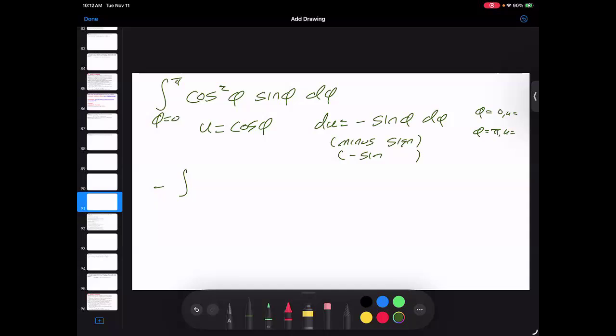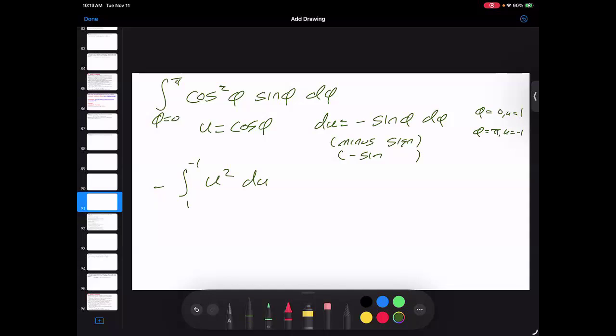What's the cosine of 0? 1. And what is the cosine of pi? -1. So we just have minus the integral from 1 to -1 of u squared du.